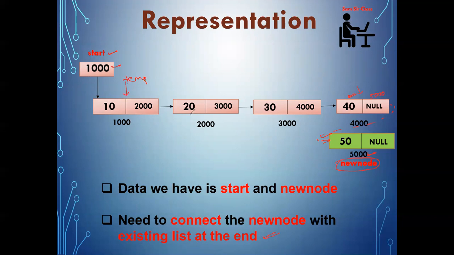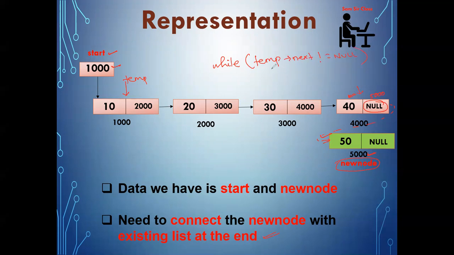Now what is my challenge here? I need to reach the end, and what is the speciality of the last node out of all nodes? Its next part is null, means I need to go to the next node till I reach a node whose next is null. Okay, so I'll put a condition here: while temp next is not equal to null.